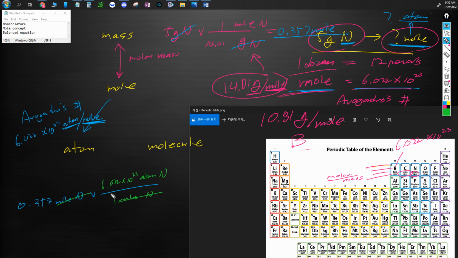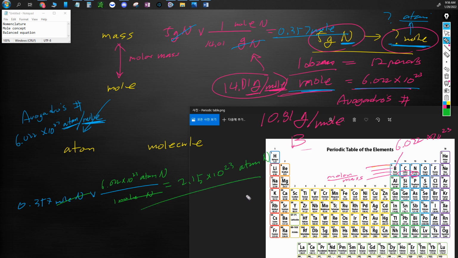Now multiply that together. I don't think I can do that with this calculator, so I'll use my other calculator. So here comes 0.357 times 6.022 times 10 to the 23rd, which is 2.15 times 10 to the 23rd atoms of nitrogen.